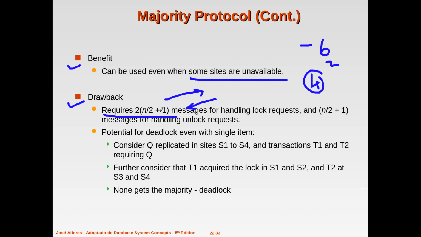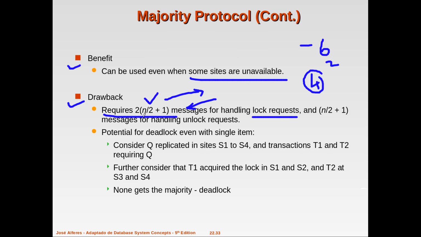So 2 into (n by 2 plus 1) messages must be sent between the transaction initiator site and the different sites where that particular item is present. So for a lock request, it must send 2 into (n by 2 plus 1) messages. We send requests to more than half, and we get the replies.